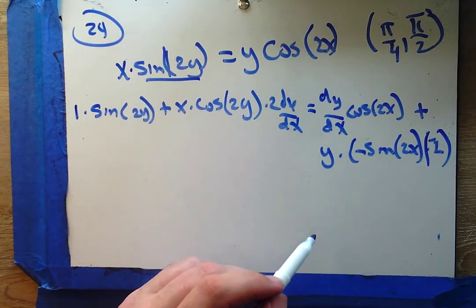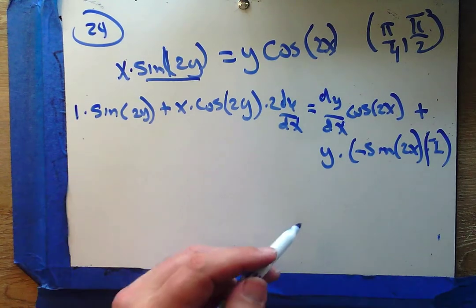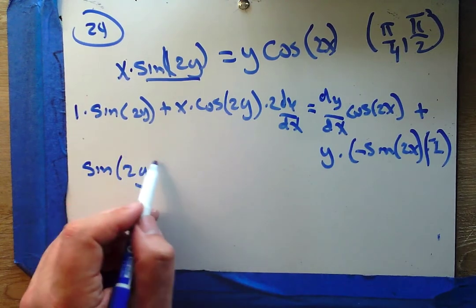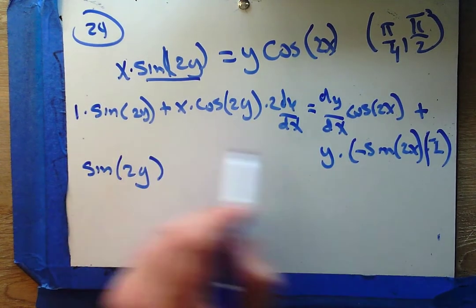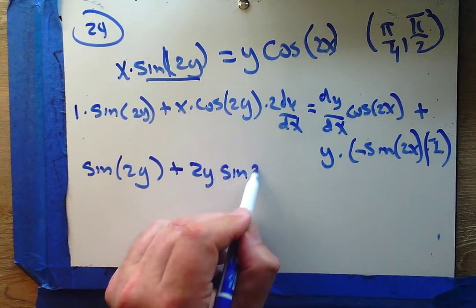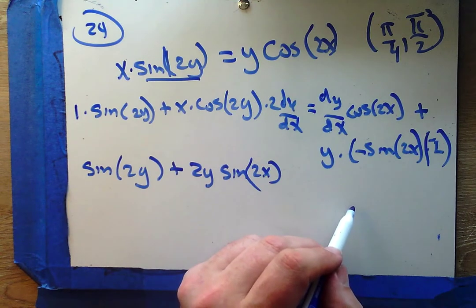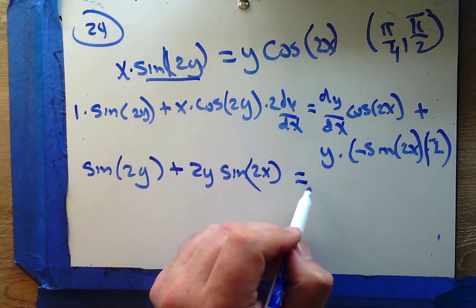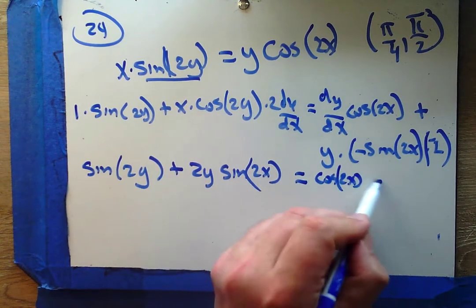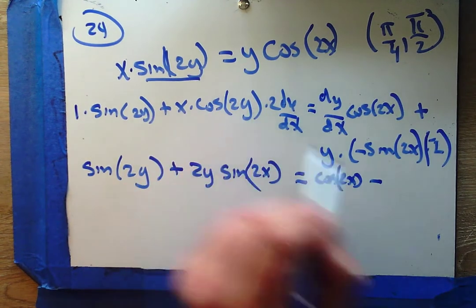Okay. Move all the dy dx stuff to one side and the rest to the other. So I'm going to have sine 2y. This moves to the other side, becomes a plus 2y sine 2x. And equals, we moved this over here, so we have cosine 2x minus 2x cosine 2y.